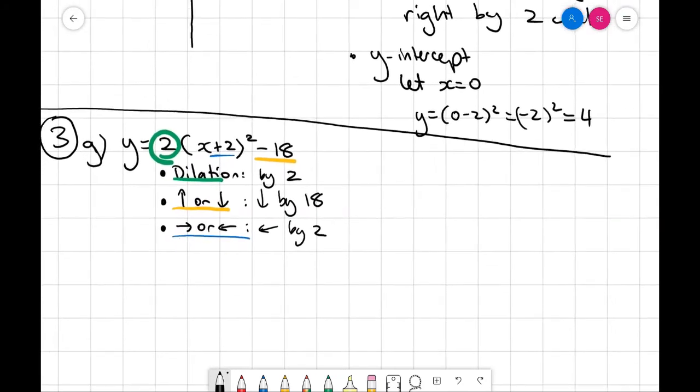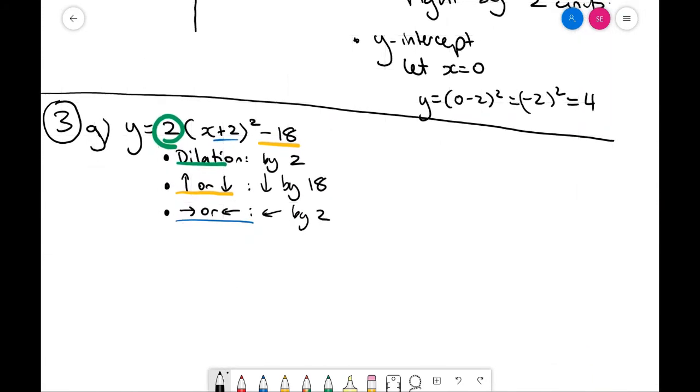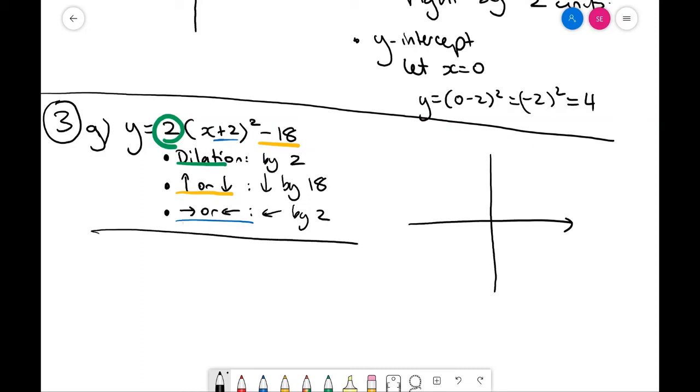Okay. So now we can graph this. I'll start to graph it. So it's moved down by 18 and to the left 2. So let's look at the axis of symmetry first.